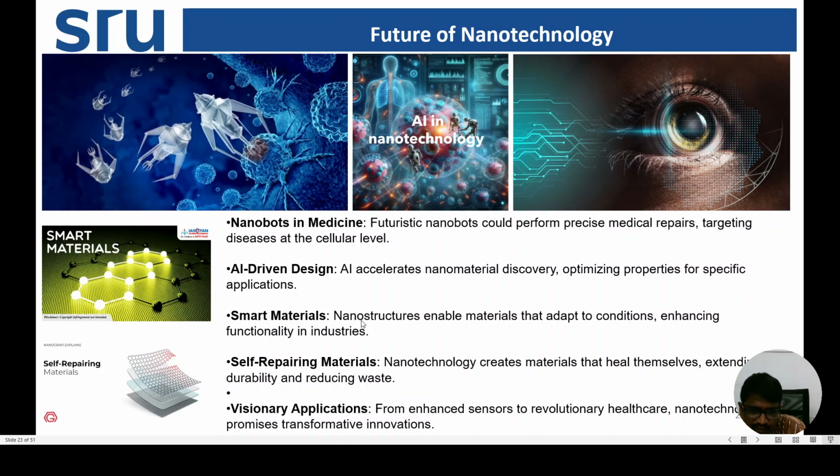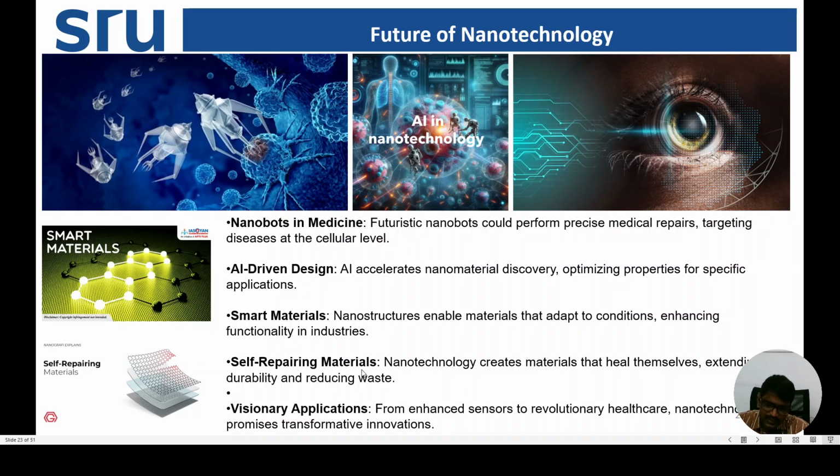And smart materials: nanostructures enable materials that adapt to conditions, enhancing functionality in industries. We will use different smart materials which provide various properties for diverse applications, right? And also self-repairing materials.